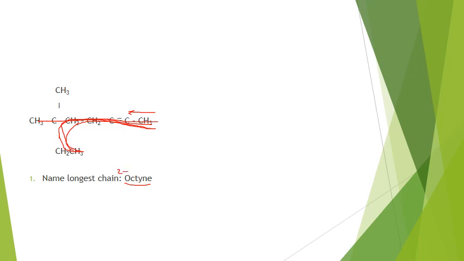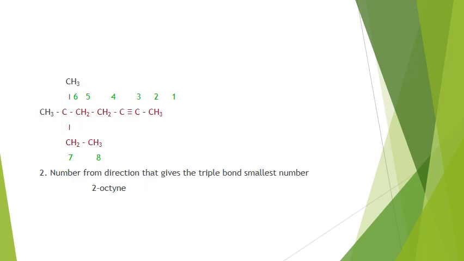And then it has 2 methyls coming off of it. So 2-octyne. There's your octyne coming off of number 2.